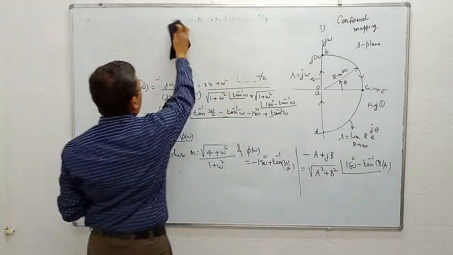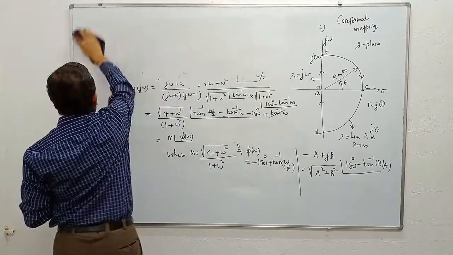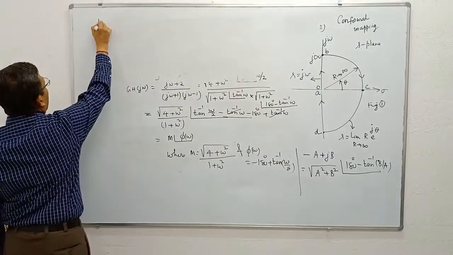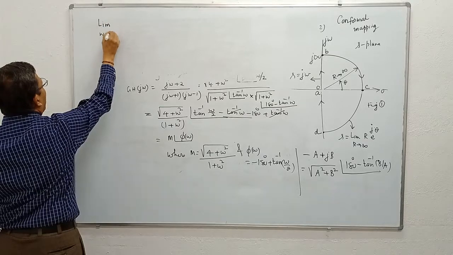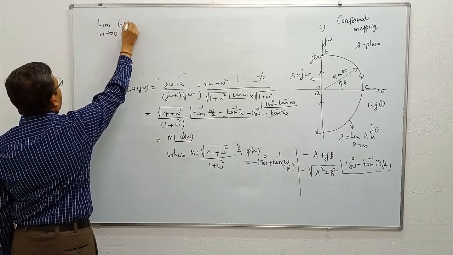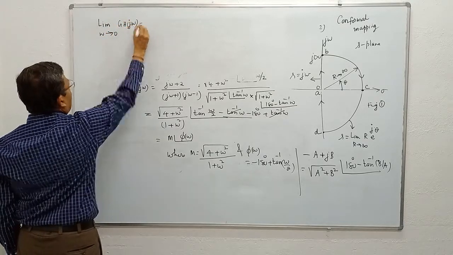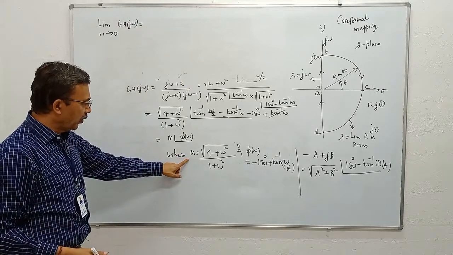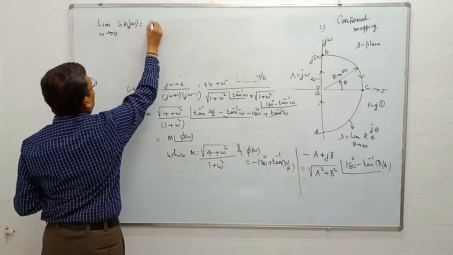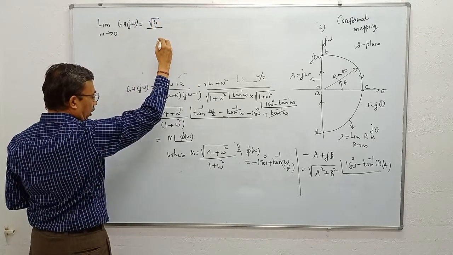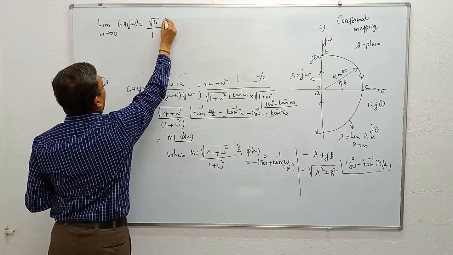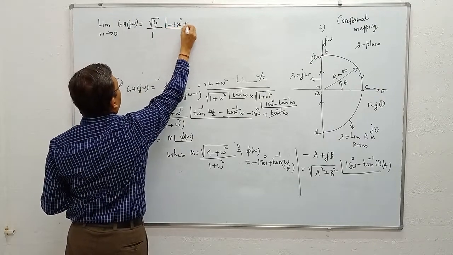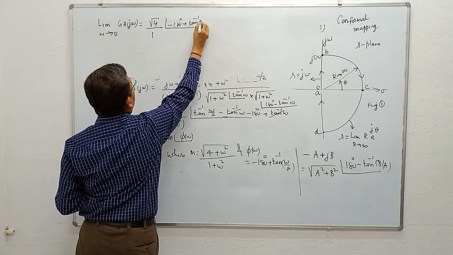Next, I will take the limits omega tending to 0 and omega tending to infinity. Limit omega tending to 0 on GH of j omega. If you put omega equal to 0 in M, in the numerator you will get root 4, in the denominator you will get 1, at an angle minus 180 degrees plus tan inverse of 0.